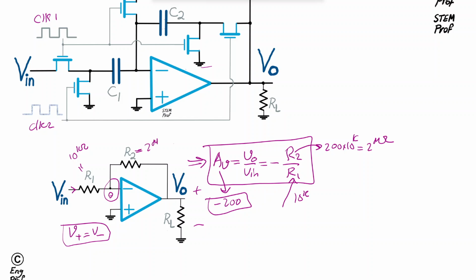Here's the problem. In order to implement this fully in a chip, including all the components, the transistor circuit inside the op-amp and also all the resistors R2 and R1, the problem is the size of these resistors.